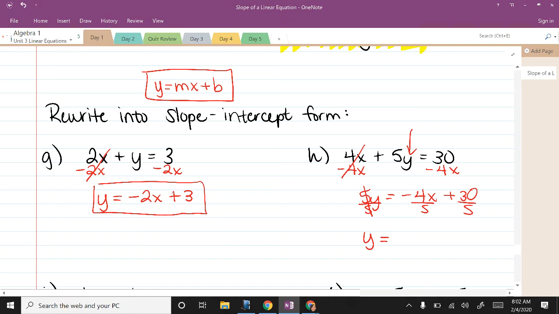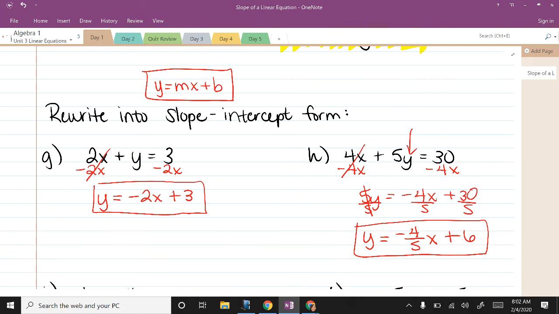Is negative 4/5 simplified? So it's negative 4/5 x. There's your slope. And then what's positive 30 divided by 5? Positive 6, plus 6. So does that look like it's in slope-intercept form now? Yes. And there we go. And there's my final answer.